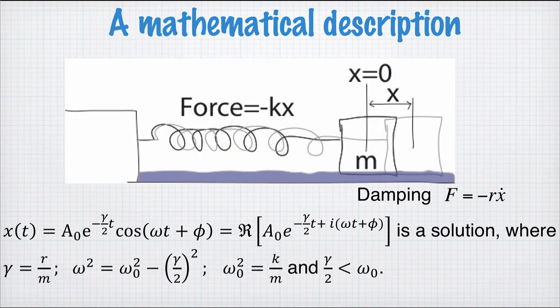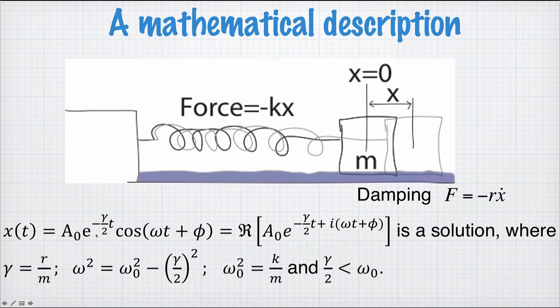The solution to that equation will look something like this. It's going to be some sort of a decaying exponential, which is now multiplying our cosine or sine function. So the amplitude out the front here that used to be a constant is now decaying, but we still have this thing which is oscillating as a cosine with a phase shift, or equivalently as the real part of a complex exponential, or equivalently as a sum of complex exponentials.